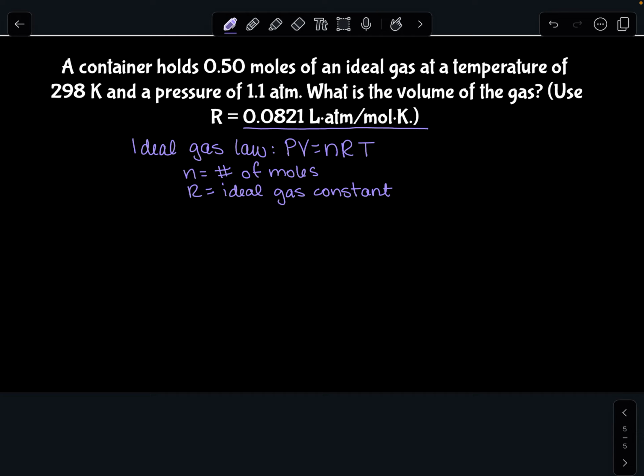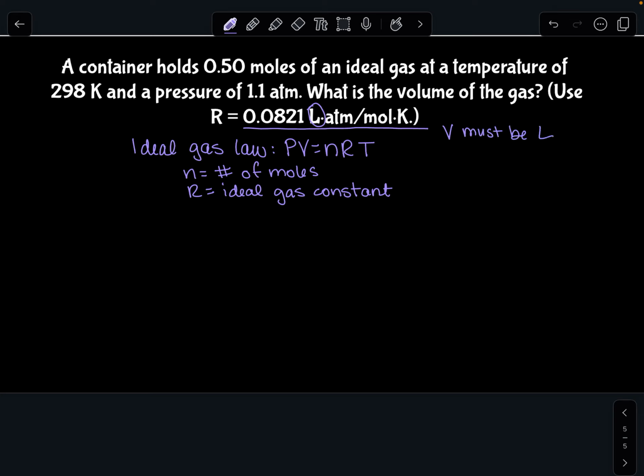What you need to be mindful of is you need to look at the units that your gas constant is given in, because that is going to tell you what your pressure, volume, and temperature units have to be. So if I look here, I see L, that's liters, so my volume must be liters.